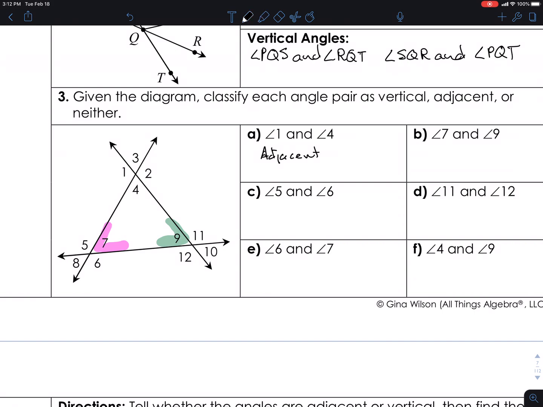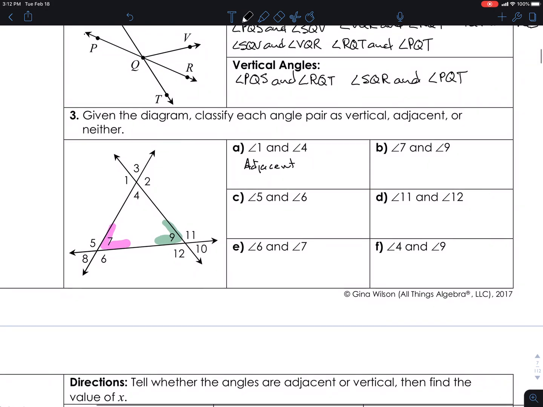So guess what? What are the 3 options? I've got either vertical, adjacent, or neither. Those don't share a side, they're not on each side of something. So this is a neither. Oops. Hold on. That goes over here. Sorry. 7 and 9, not 5 and 6.